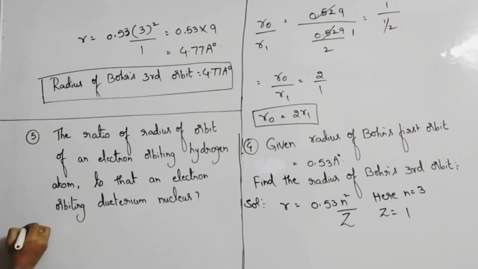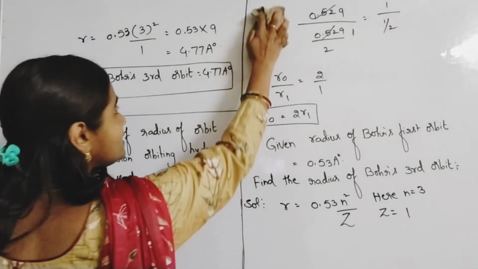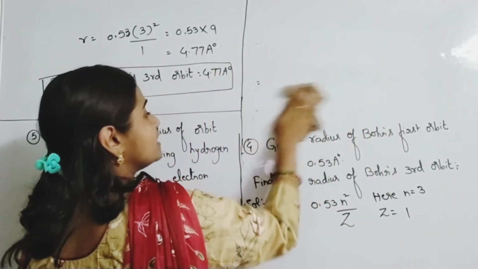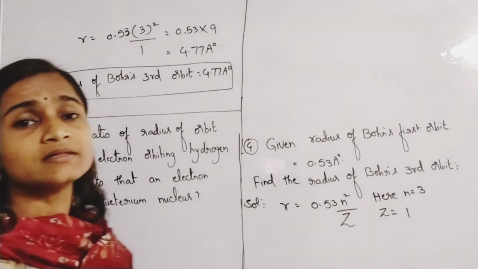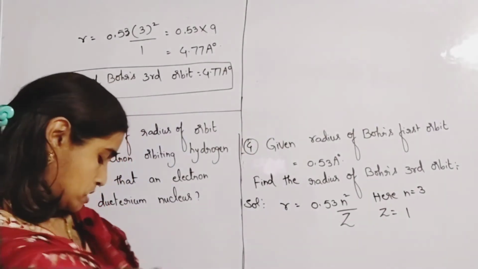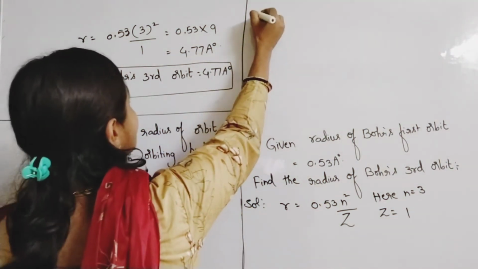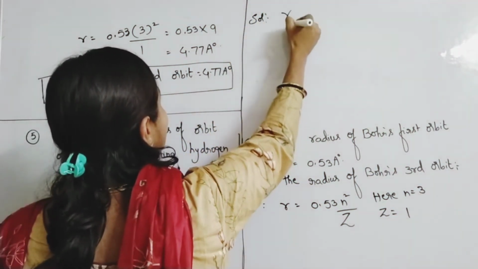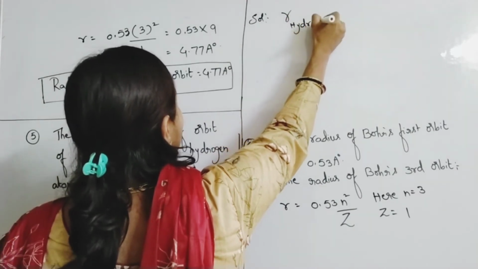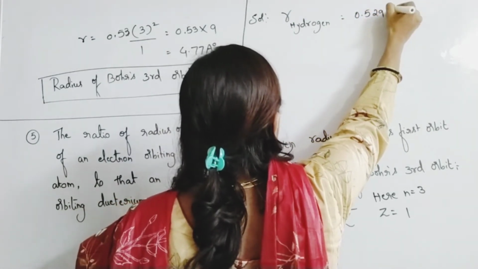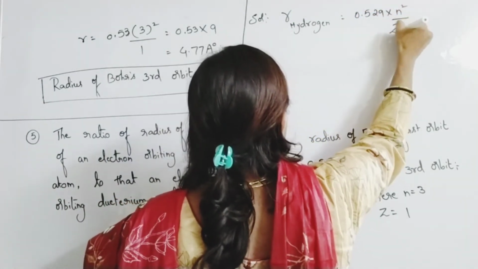So what formula will you be using? Again the same formula, 0.529 into n square by z. The same formula you will be using. So what is the solution? First, R hydrogen is equal to 0.529 into n square by z.